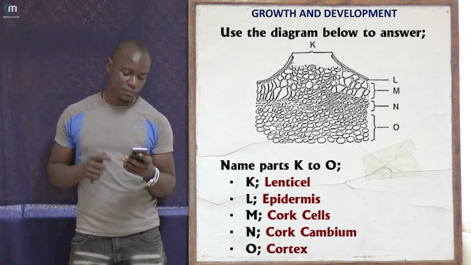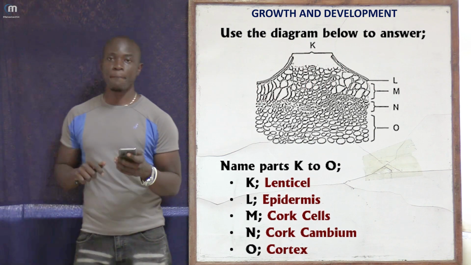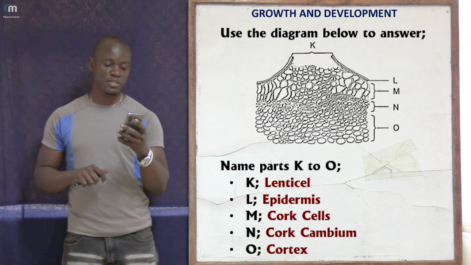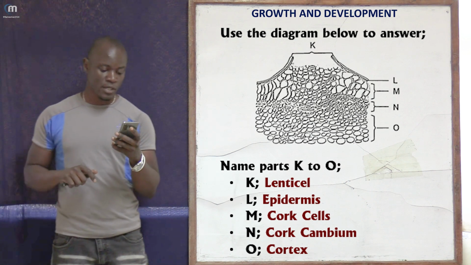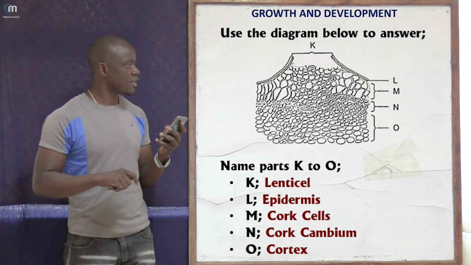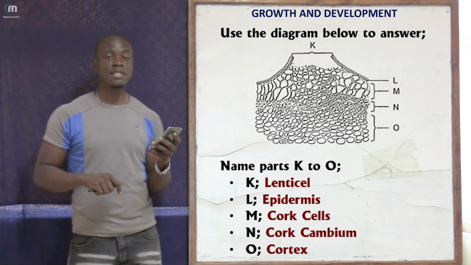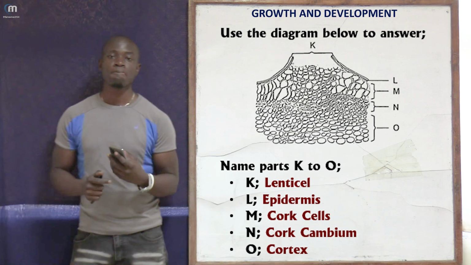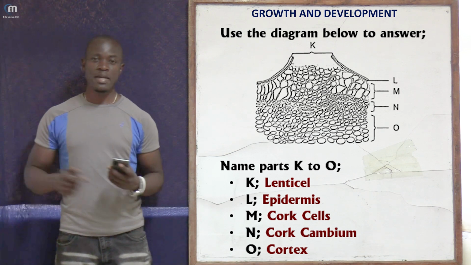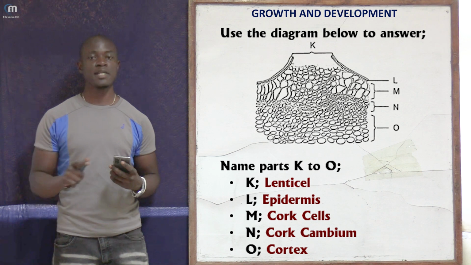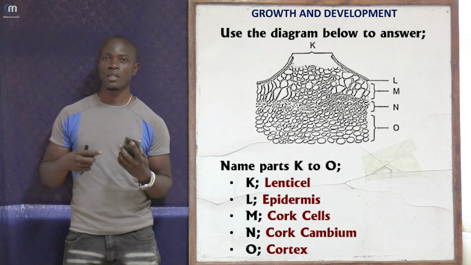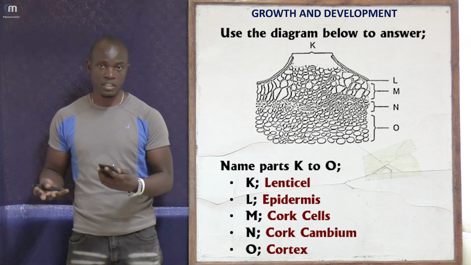So the next question says, use the diagram below to answer the questions that follow. As you can see, this diagram looks like a lenticel. Remember, we say that the plant can use the stomata for gaseous exchange.